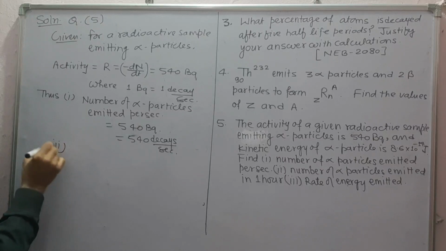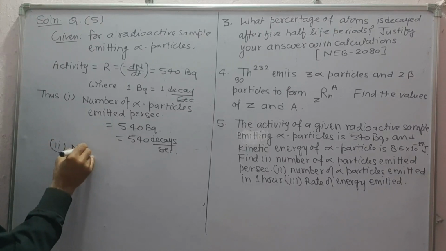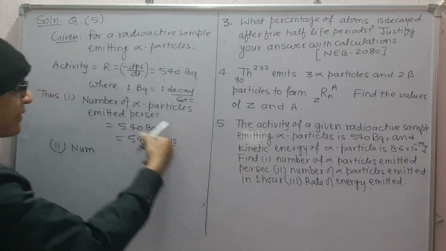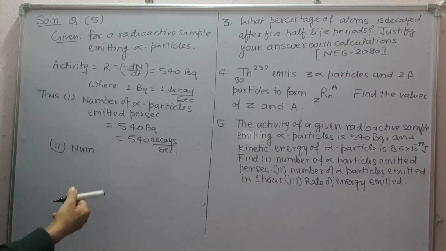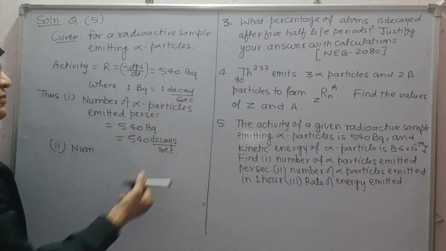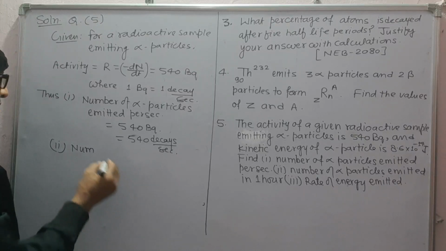Next, number of alpha particles emitted in 1 hour will be this much multiplied by 3600 seconds.